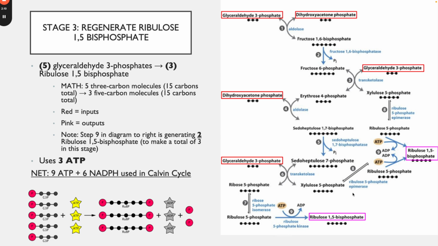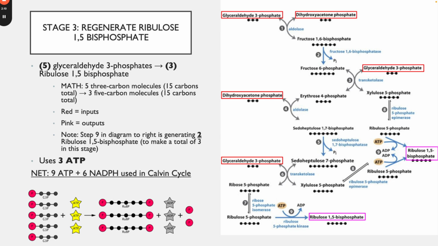So in this case, I know there's 2 pink rectangles. It's a diagram I really hate, but it's essentially step 9 occurs twice. So you can count this purple rectangle, or magenta, whatever, as times 2. So 2 ATPs are used here. The third one is used here. So for the regeneration phase, if we are incorporating our 3 carbon dioxides, we end up using 3 ATPs.